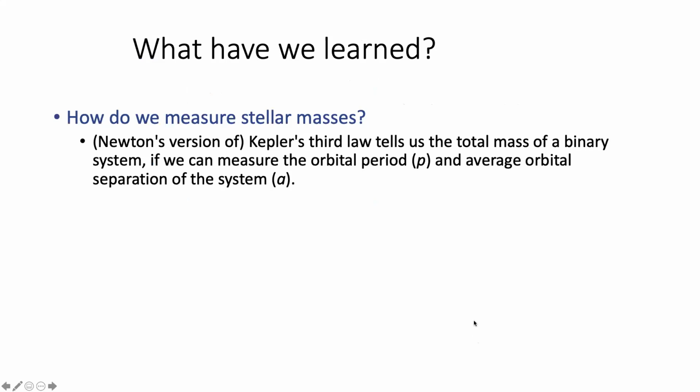All right, how do we measure stellar masses? Well, we can use Kepler's third law to get the total mass of a binary system. We can measure the orbital period. We can figure out how far apart the two stars are from each other, all of which is to say that we have a means of getting the masses of those stars.